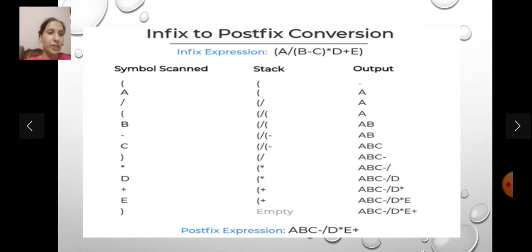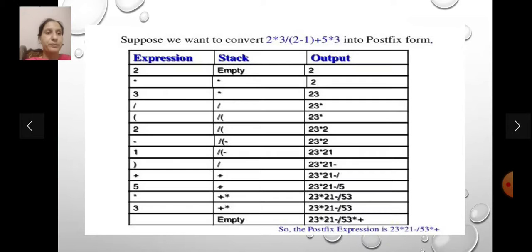So we get the expression ABC minus divide D, then multiply E, then plus. So when we enter operands, the push operation is performed, and when brackets are closed, the pop operation is performed on the topmost operators.